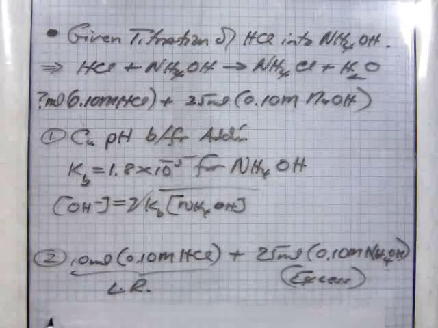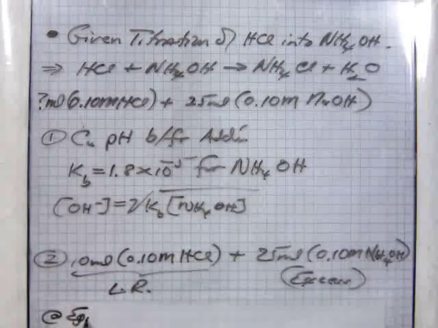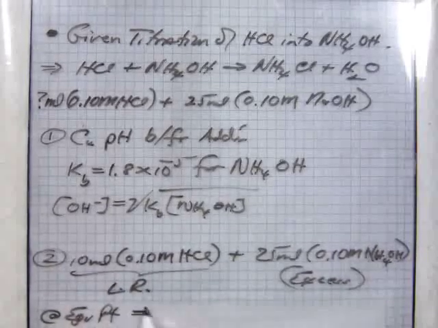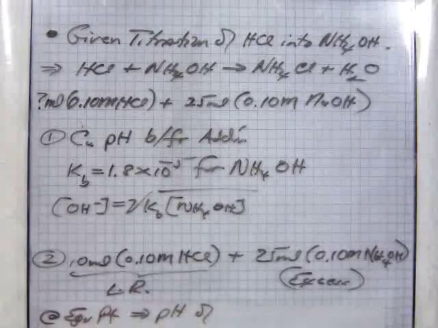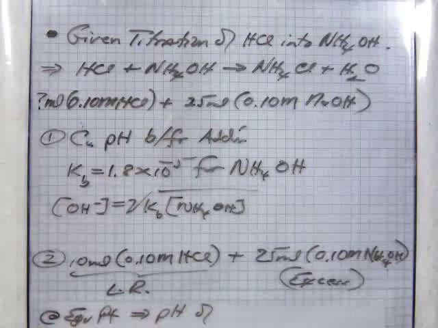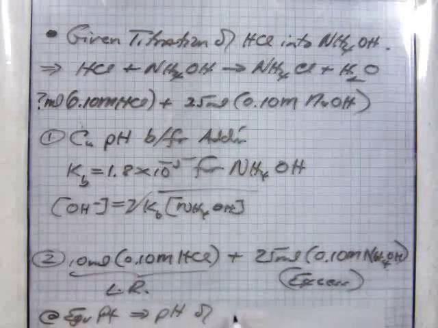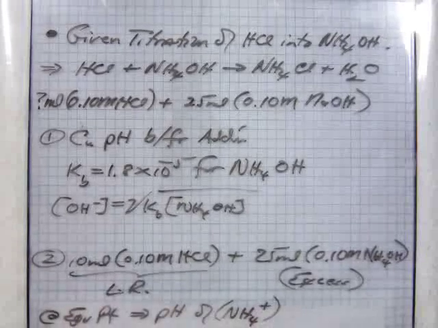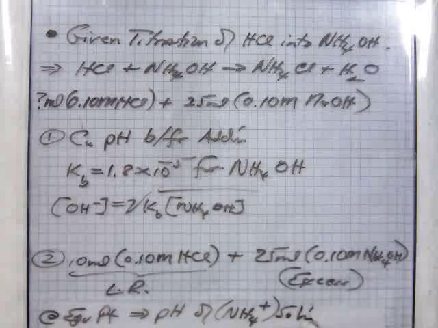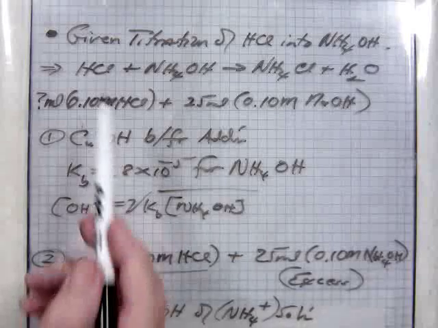And so at equivalence point, what's the pH, whatever the molarity comes out? So you've got a 50-50 mix here of NH4 plus, the ammonium effect solution once you reach that equivalence point. So it's a 1-to-1 reaction.